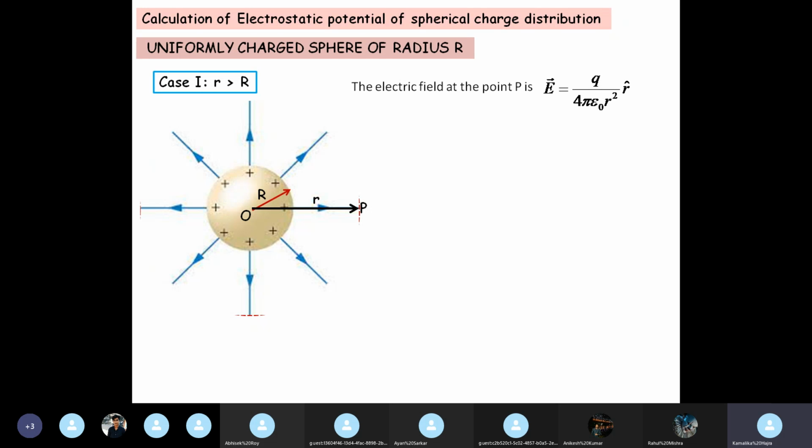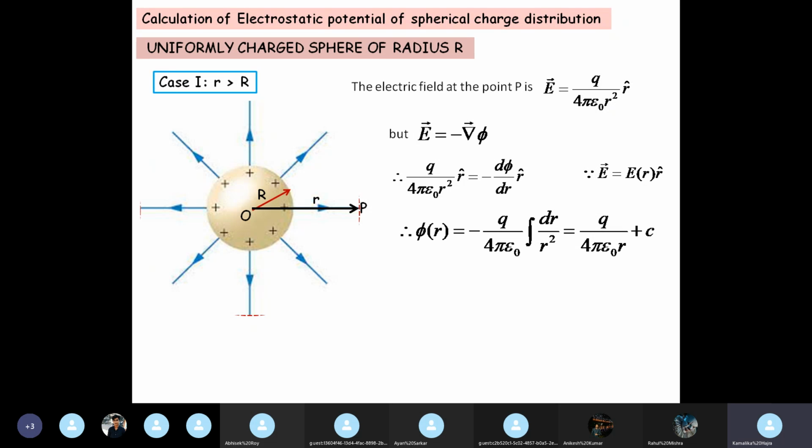Now we know the electric field at this point; we have done this using Gauss's law, you have to go through those notes. This value is E equal to q by 4 pi epsilon naught r square r cap. But we also just now saw that E is equal to minus grad phi, so we can write, in place of E, q by 4 pi epsilon naught r square r cap. And since we have only one direction r, instead of grad phi we write minus d phi dr r cap, since E equal to Er r cap.